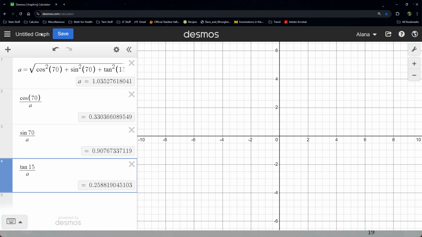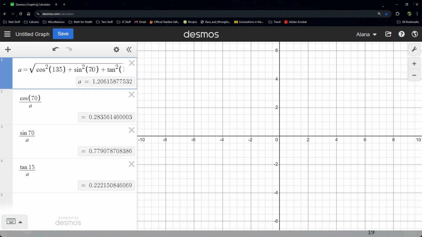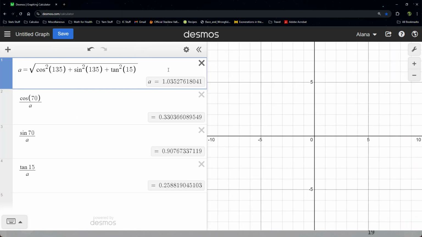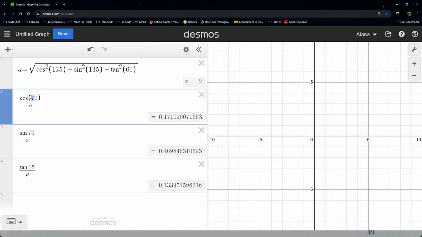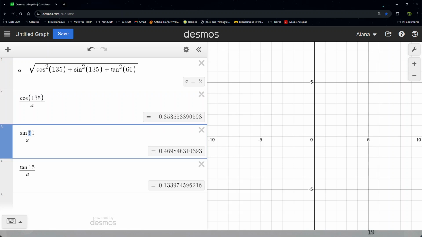Okay, so I can actually redo this. So 135 is my angle, and 135, and then 60. Make that bigger. All right, so then I want the cosine of 135 divided by that, the sine of 135 divided by that, and then the tangent of 60 divided by that.